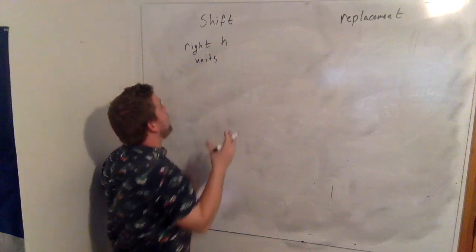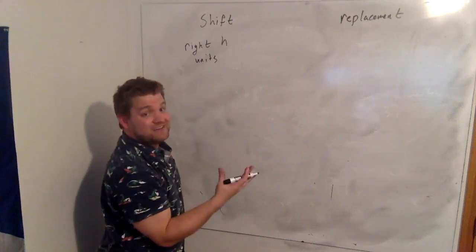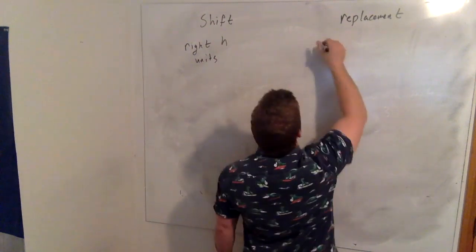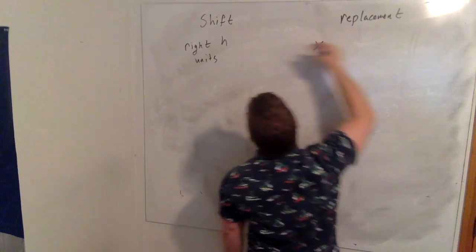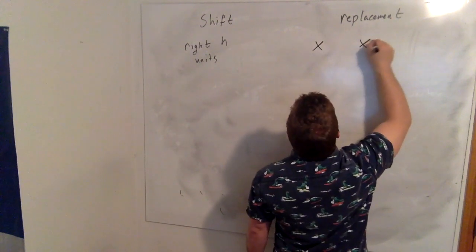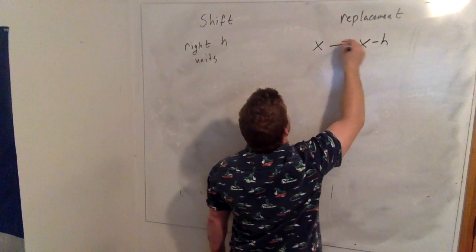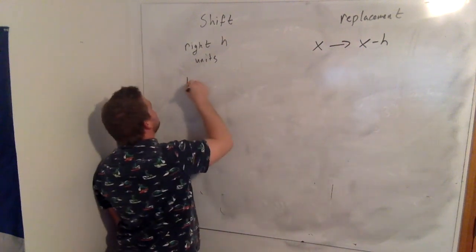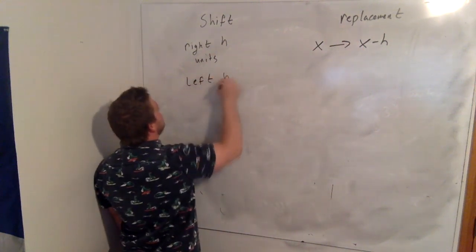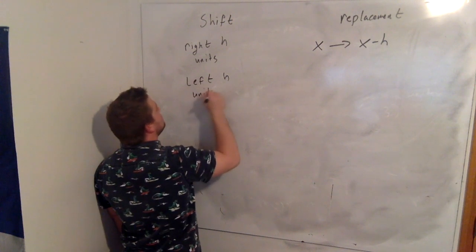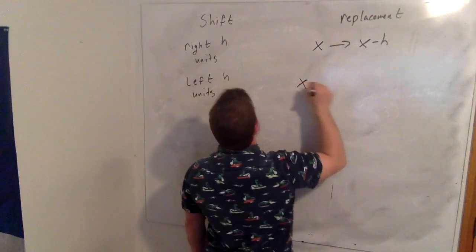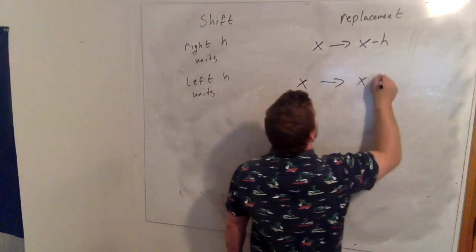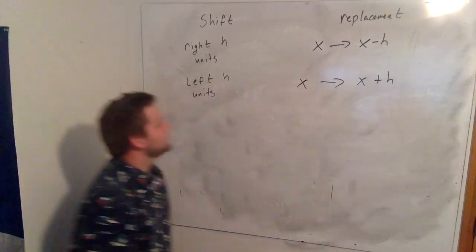If I want to take a parabola and shift it right h units, we're going to replace x. x is going to get replaced with x minus h. This is the replacement. If we want to move it left h units, we're going to replace x with x plus h.